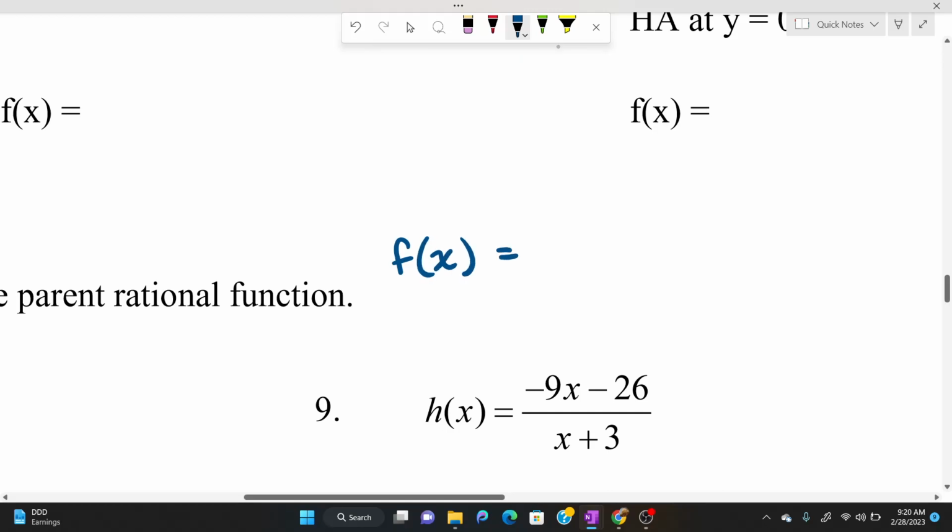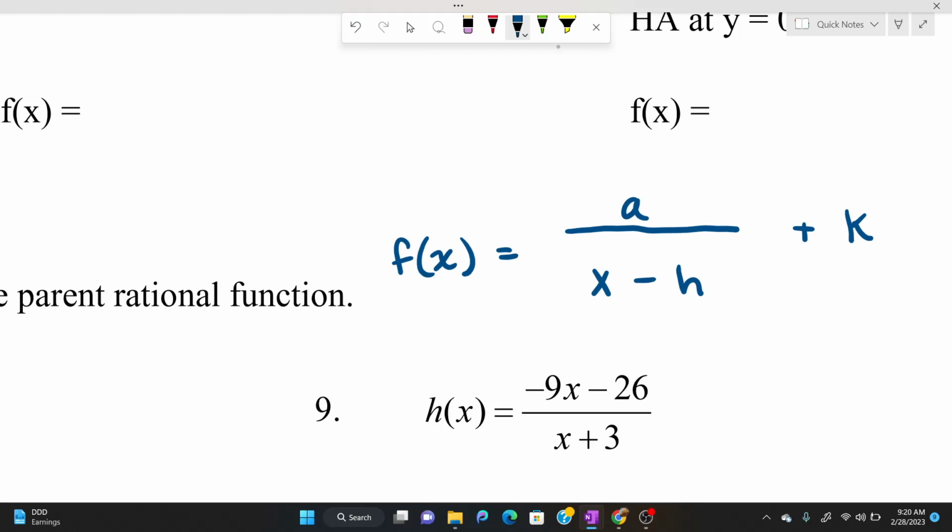For a function f of x, if we have a over x minus h plus k, this is going to give me left and right shifts. This will give me up or down.